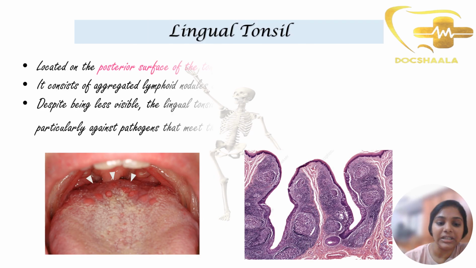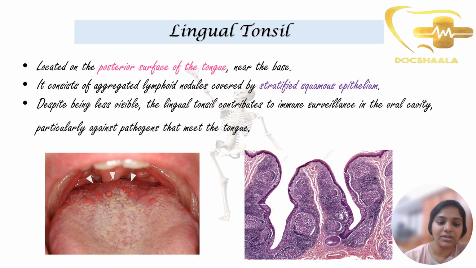Next, coming to the lingual tonsil. The lingual tonsil, as the name suggests, is located on the lingual side of the tongue, that is the posterior surface of the tongue near the base of the tongue. So it consists of aggregated lymphoid nodules. So you can see the histological image here. There is aggregation of lymphoid nodules or lymph tissue.